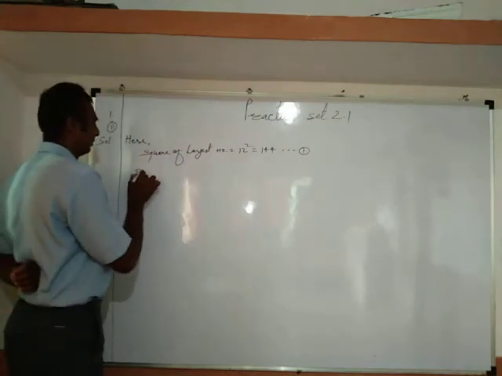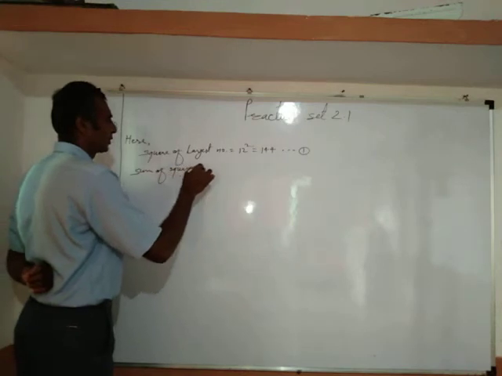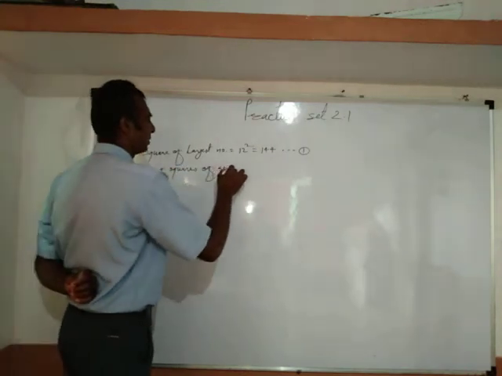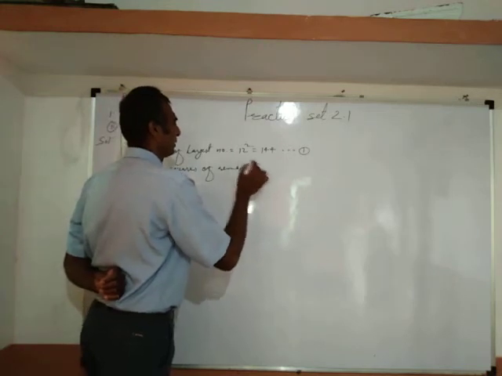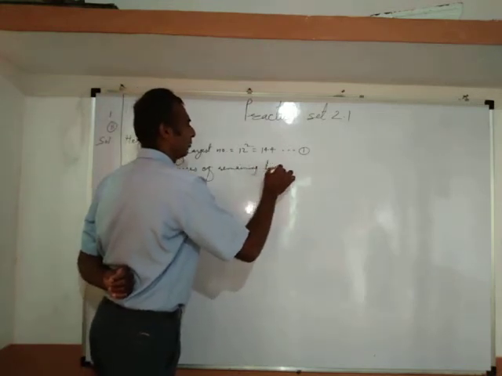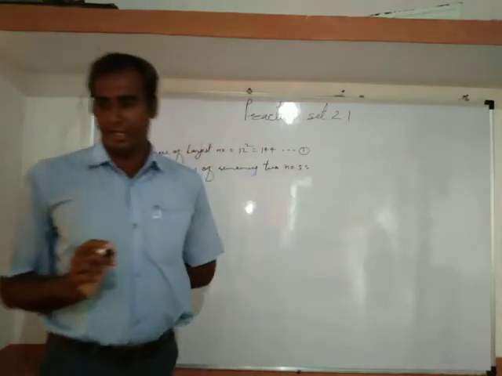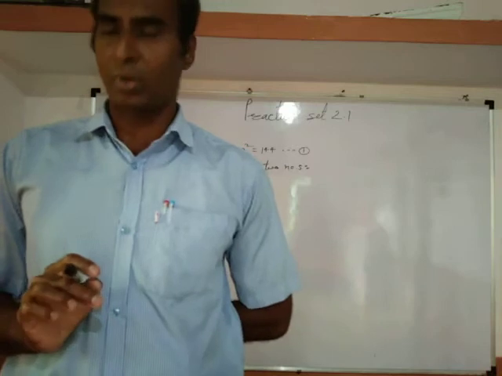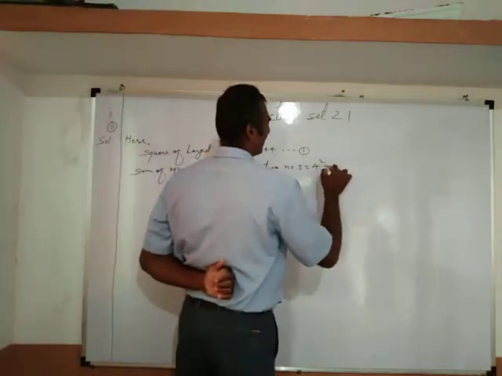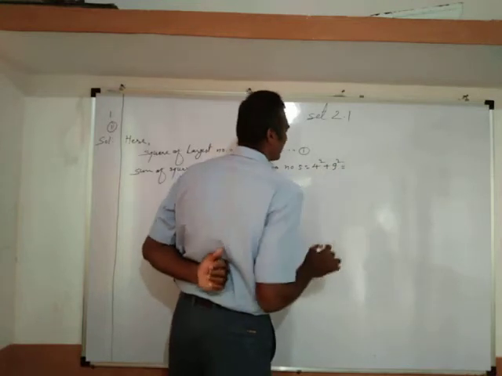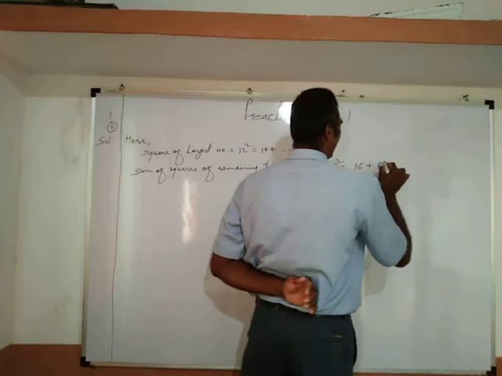Now the sum of squares of the remaining two numbers. The remaining two numbers are 4 and 9. That's why 4 square plus 9 square. The square of 4 is 16 and the square of 9 is 81.